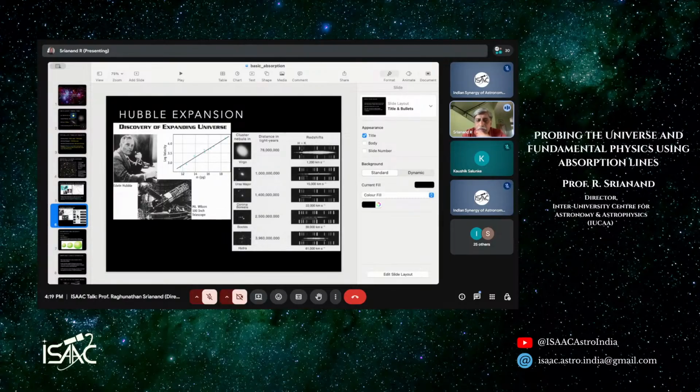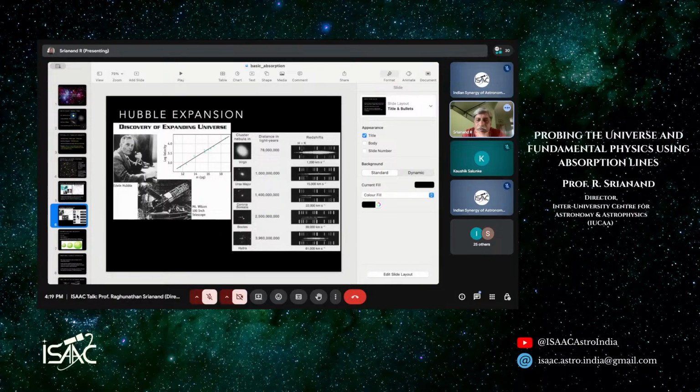But what we all know now is that even though the radiation is coming from the atoms, the exact wavelength at which we measure it is not identical to what we measure in the laboratory. All of them tend to be shifted slightly to the longer wavelength side, which we call redshift. So Hubble measured that all galaxies are redshifting with respect to us, which means, in a crude way, they are moving away from us.